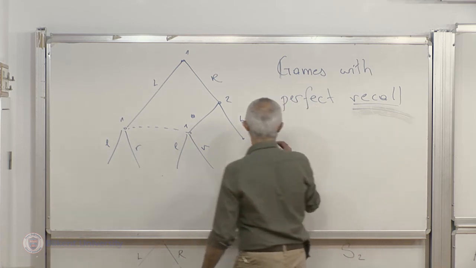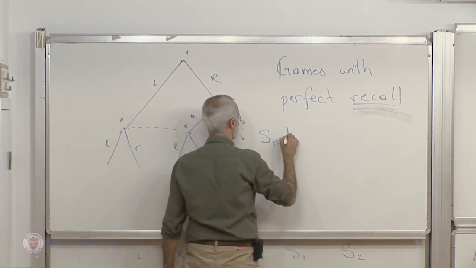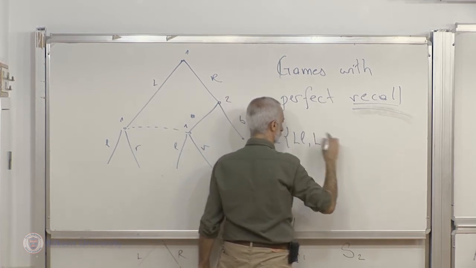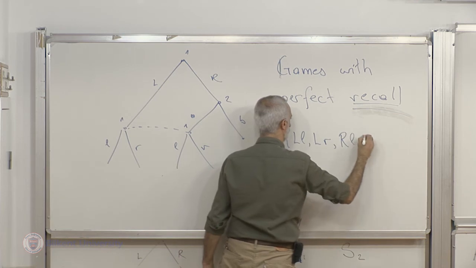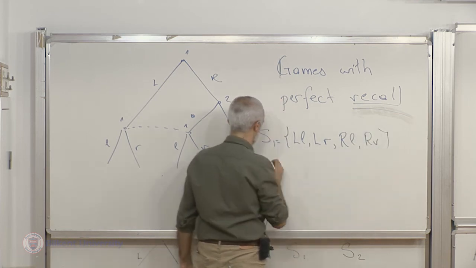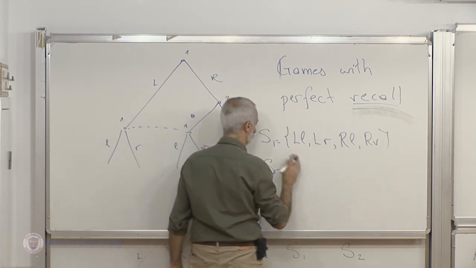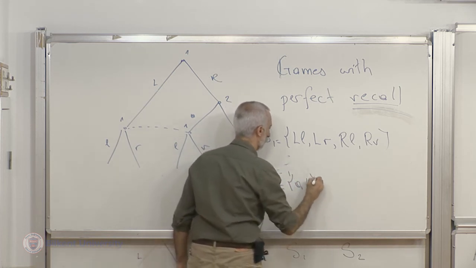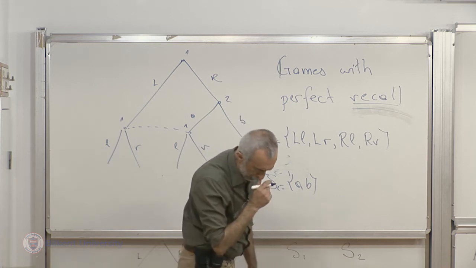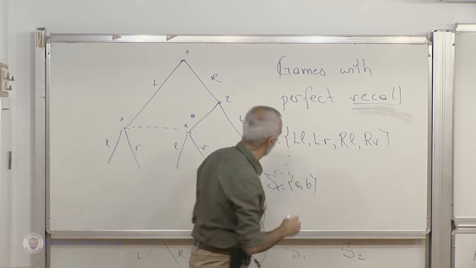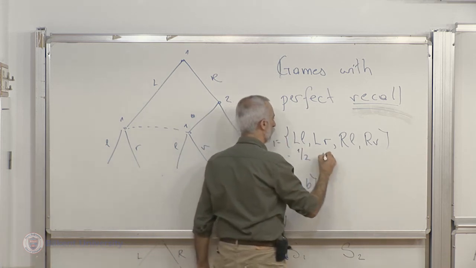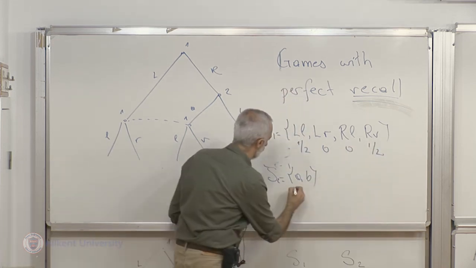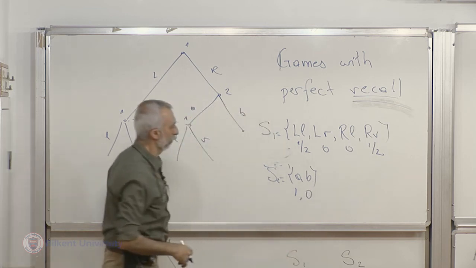Here S1 is L, L, L, R, R, L, R, R. S2 is just A, B. Take the mixed strategy profile, 1/2, 0, 0, 1/2, and 1, 0.